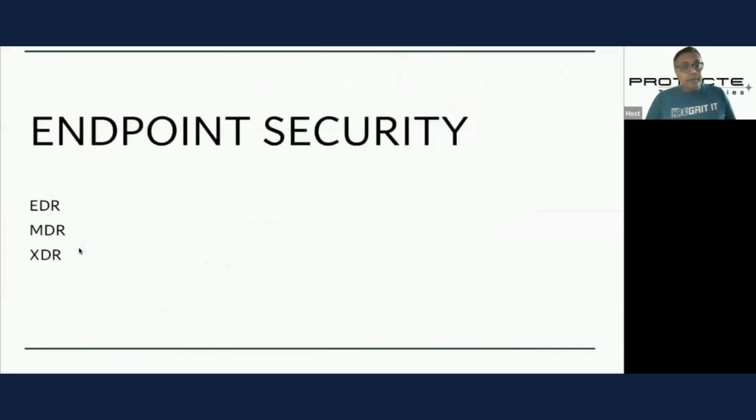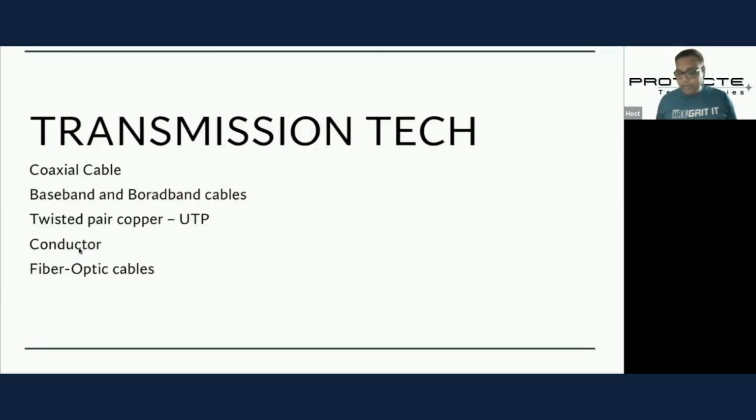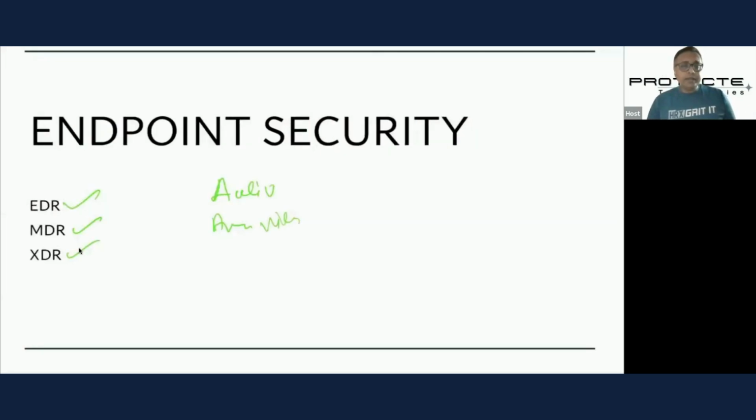And finally comes endpoint security. Endpoint security is basically your devices, your clients and servers, which need to be protected. Other than anti-malware and antivirus systems, you have something called EDR, MDR, and XDR. So what's an EDR? An EDR is endpoint detection and response.